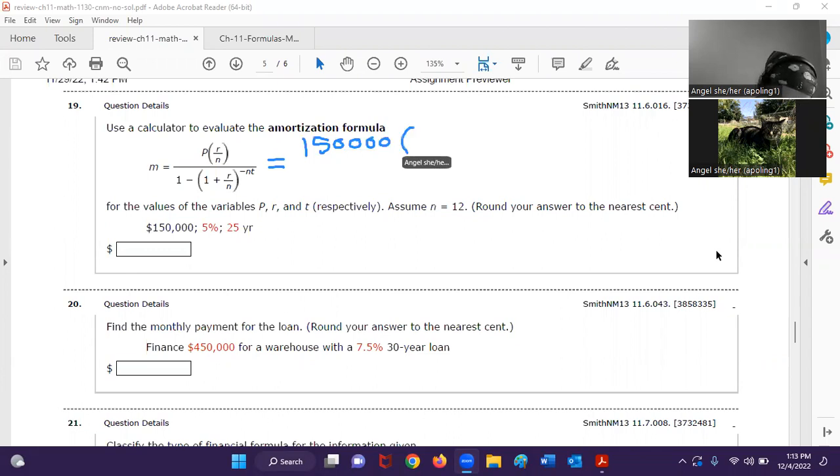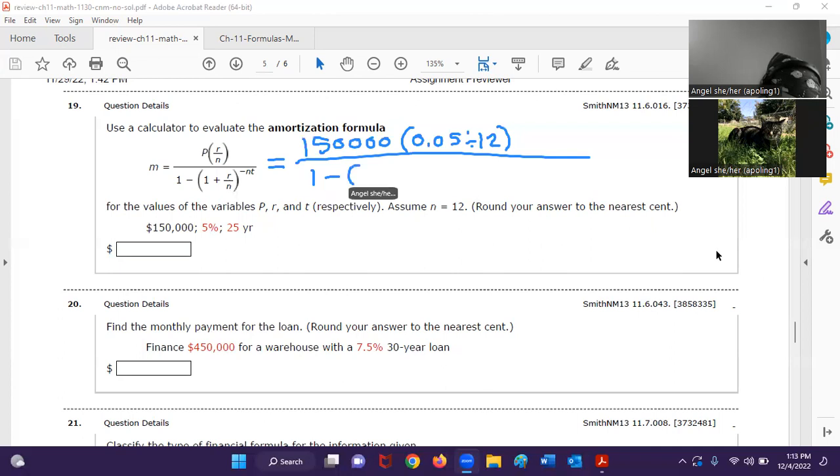Okay, so P times R divided by N, all of that's given. 1 minus 1 plus R divided by N raised to the negative N times T. Not very interesting problems.